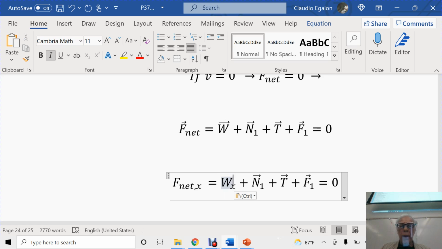We're going to have an x component of the normal. We're going to have the x component of the tension.